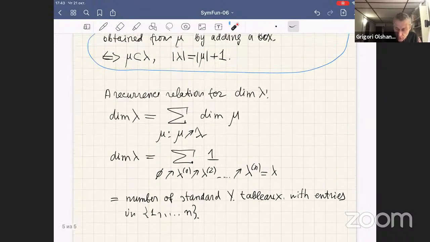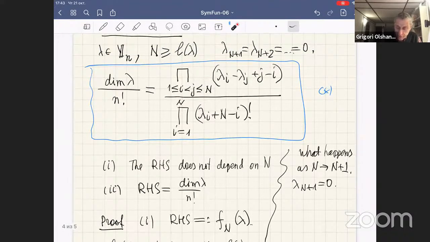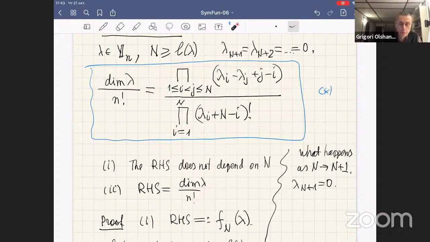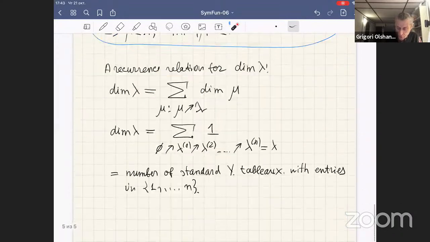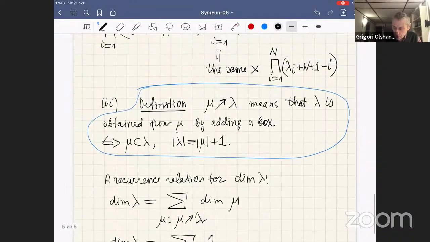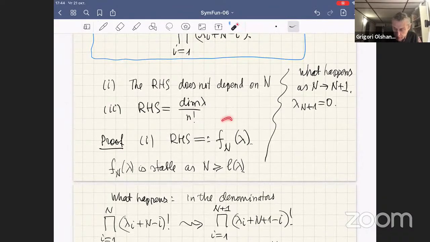So now we will use exactly this recurrence relation. We want to show by induction that this quantity is compatible with the recurrence relation. I recall my notation, it's my notation for the right-hand side. So if we multiply this by n factorial and small factorials, we get the dimension.